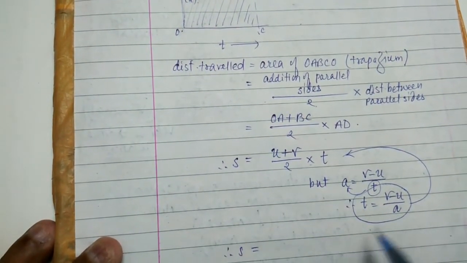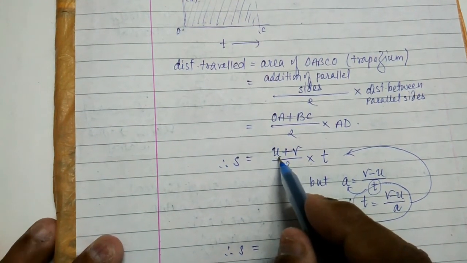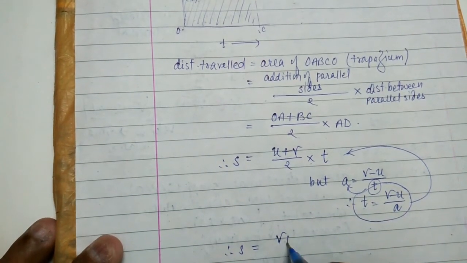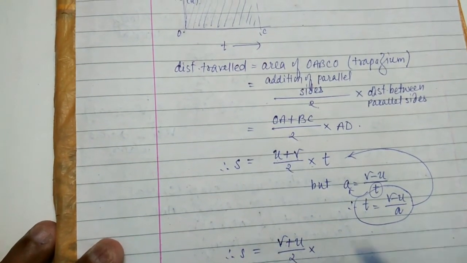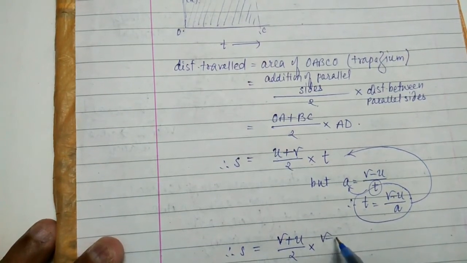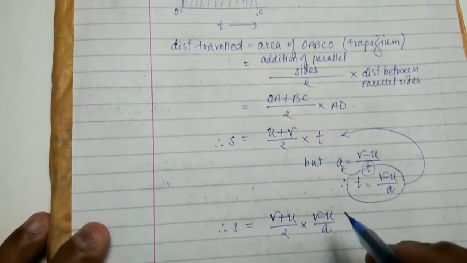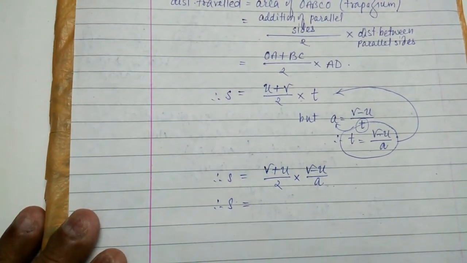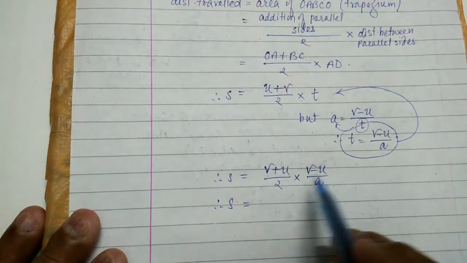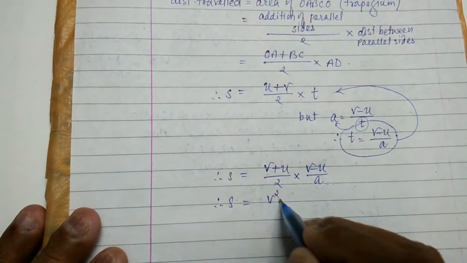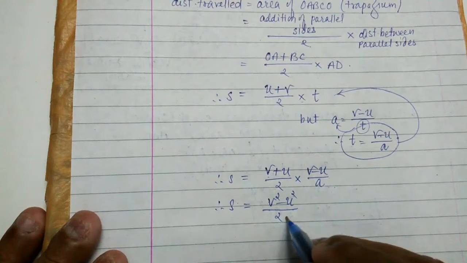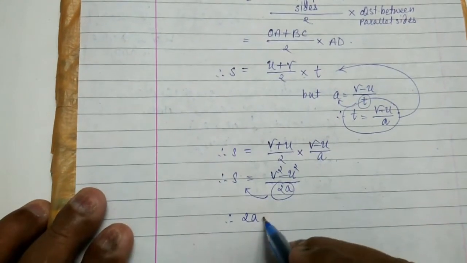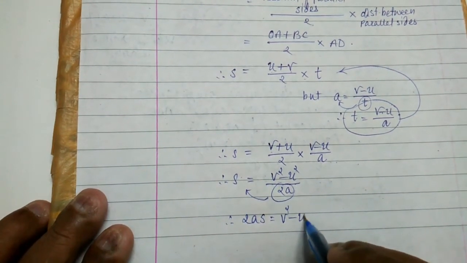Distance traveled is equal to, we write U plus V or V plus U, both are the same thing. V plus U upon 2 into V minus U upon A. Now, by the identity of mathematics, A plus B, A minus B is A square minus B square, so V square minus U square upon 2A, and so 2AS is equal to V square minus U square.